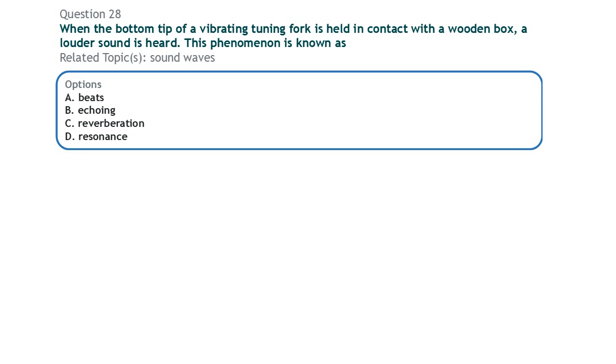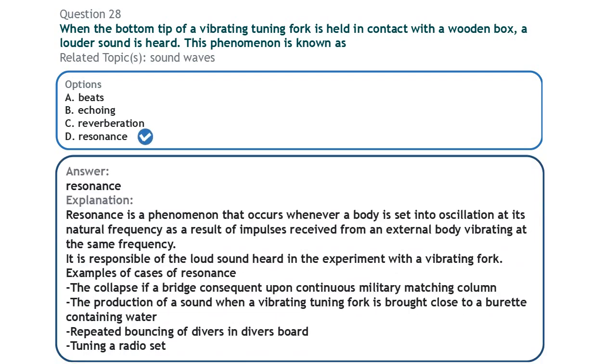Next, on sound wave, when the bottom tip of a vibrating tuning fork is held in contact with a wooden box, a louder sound is heard. This phenomenon is known as... That sound that is heard is due to a phenomenon that we call resonance.